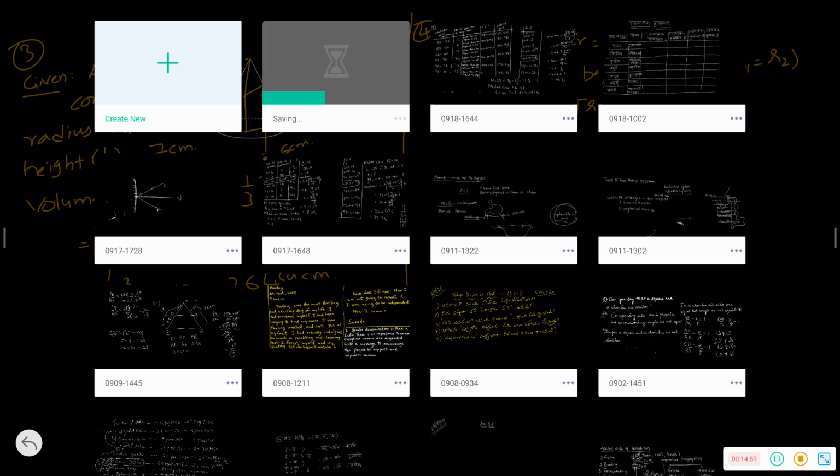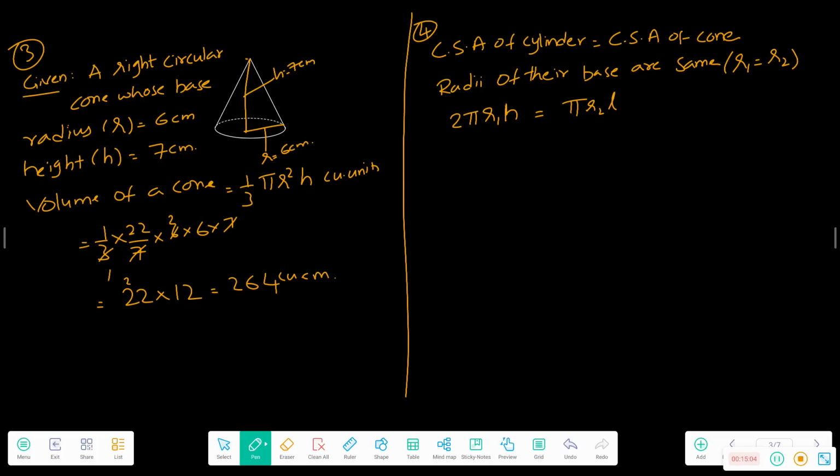Now he asked to find the ratio of height of cylinder to the slant height of the cone.